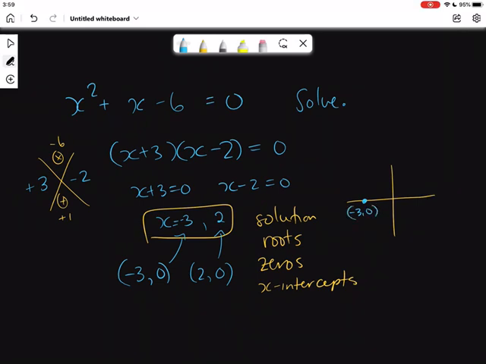Here's -3, 0, and here's 2, 0. That's why I call these my x-intercepts, because this is where the graph crosses the x-axis. That's what that's referring to.